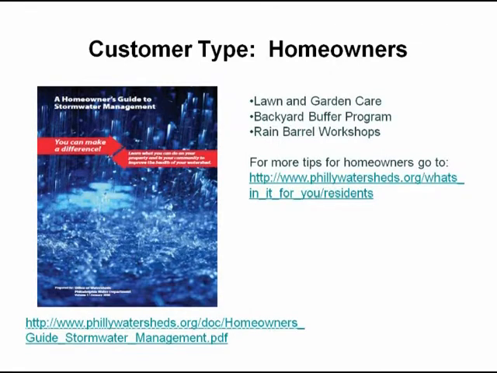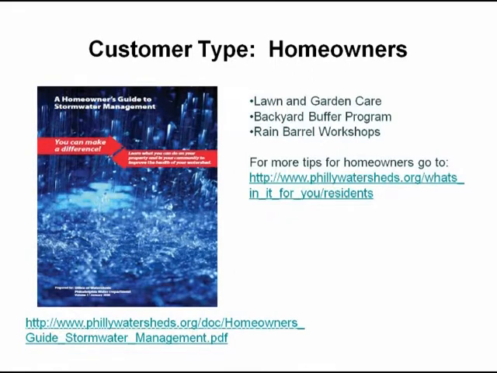Now here are some samples of the booklets we've created that are quite in-depth. In this case, a homeowner's guide to stormwater management, which includes tips on lawn and garden care, specifically reducing the size of lawn and substituting gardens, since gardens are generally well cultivated and will infiltrate more rainfall than a lawn.